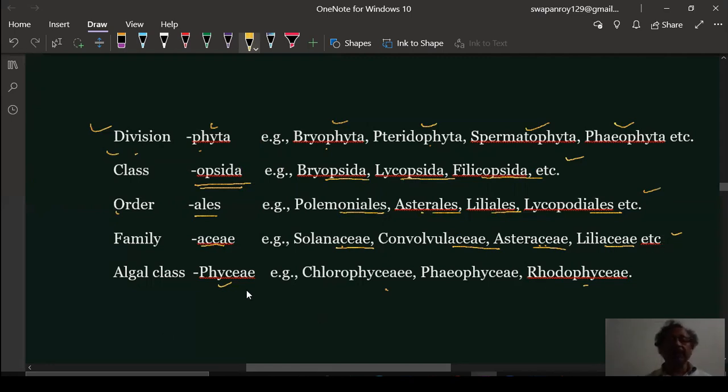In the algal class, phyceae, like Chlorophyceae, Phaeophyceae, and Rhodophyceae. Of course, there are certain classifications where this International Code of Botanical Nomenclature is not followed.